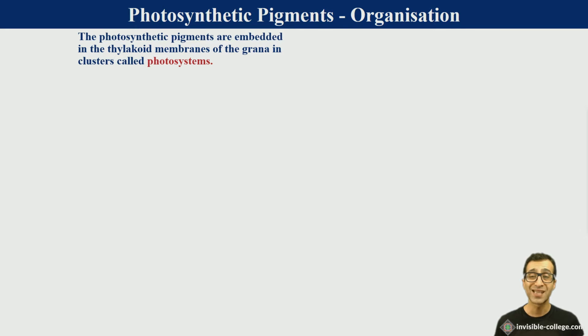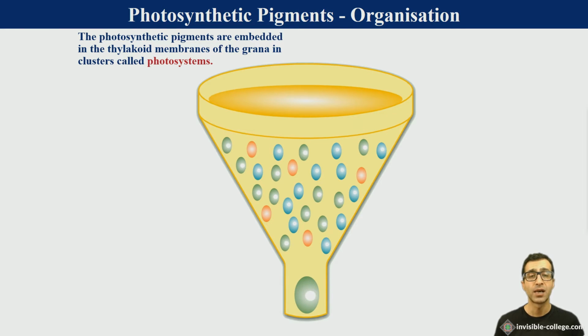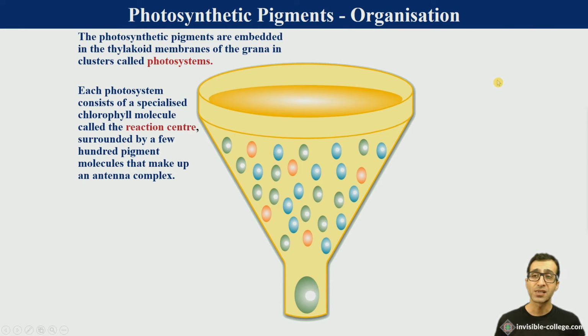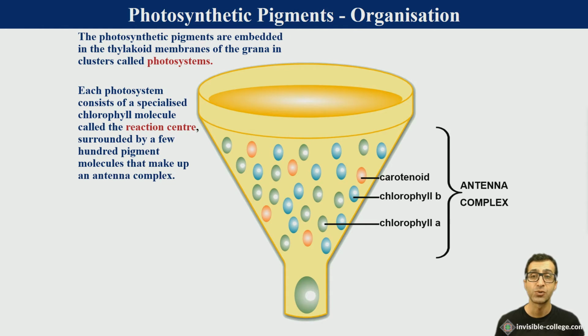Now, I'm going to use this diagram here to represent the arrangement of these pigment molecules in such a photosystem. So each photosystem consists of specialized chlorophyll molecules, and one of these is called the reaction center, and these are surrounded by a few hundred pigment molecules that make up what we call the antenna complex, which you see here.